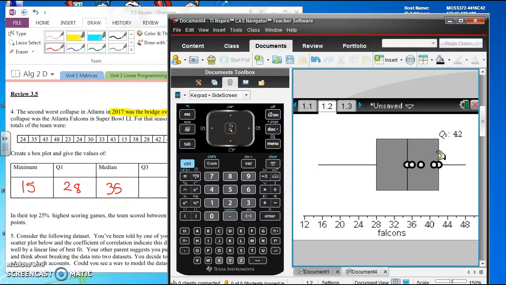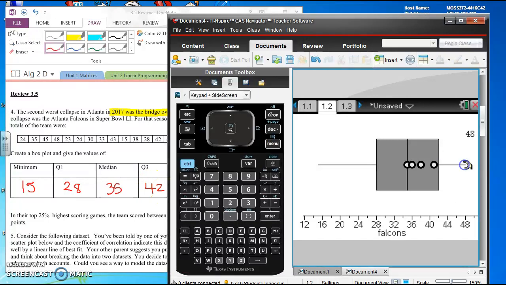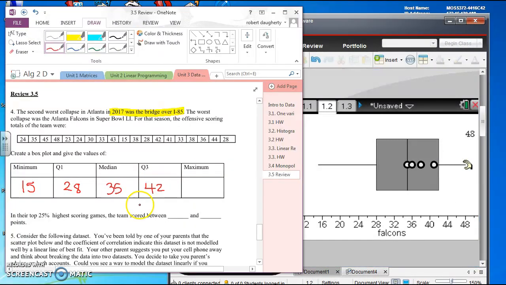Q3, that quartile is 42. And then the maximum is right here at 48. So that's the 5-number summary. Sometimes you'll see that it's the 5-number summary for that data set.